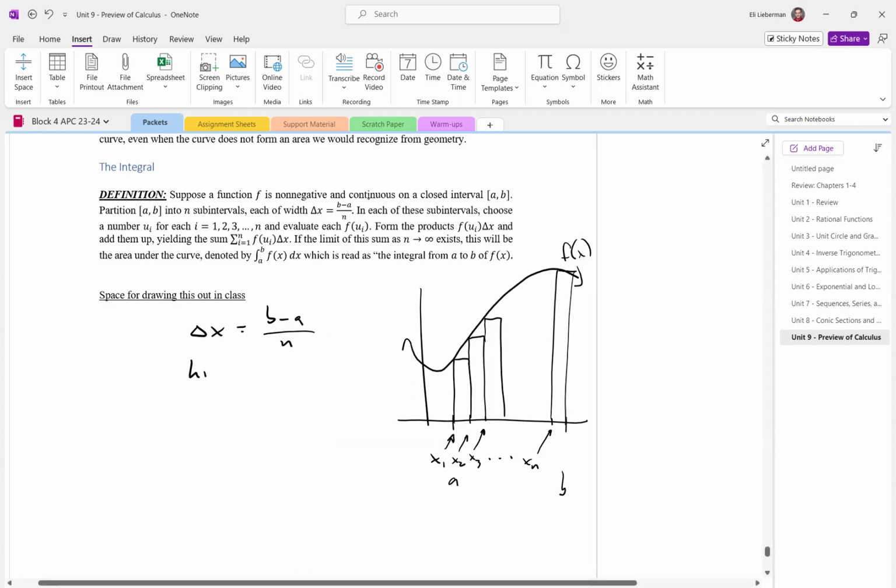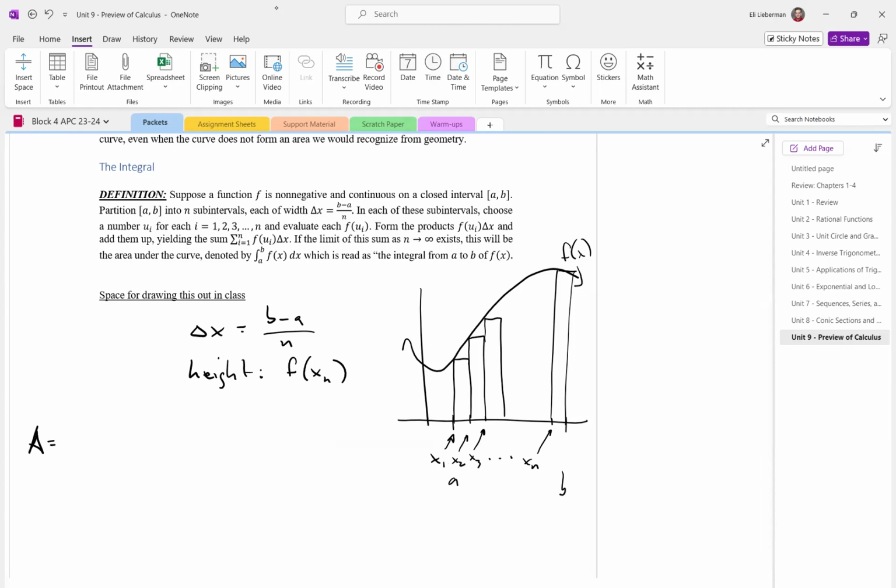And I need the height of the rectangles. The height of each rectangle is f of x sub n, isn't it? So now if I put these together, okay, so the area, and I'll give you a chance to write this down in just a moment, and leave a space right here.